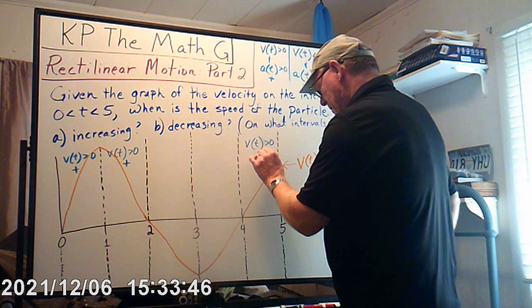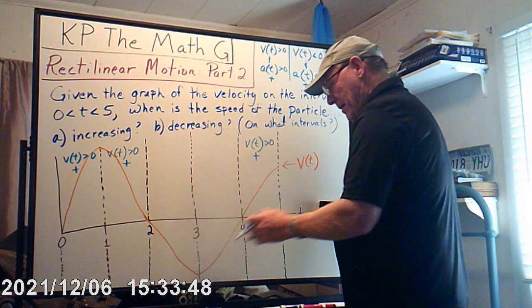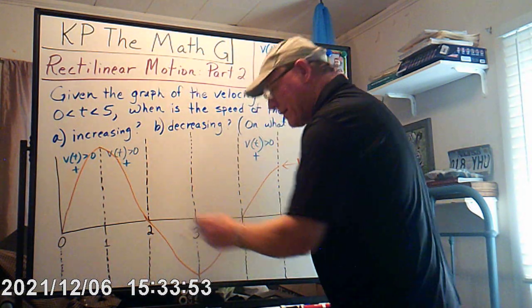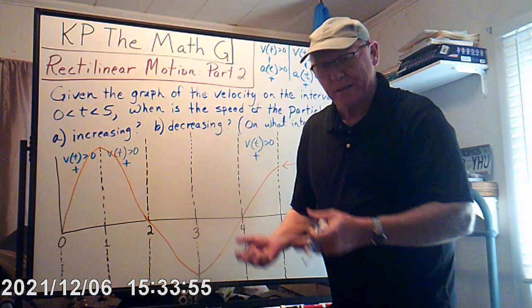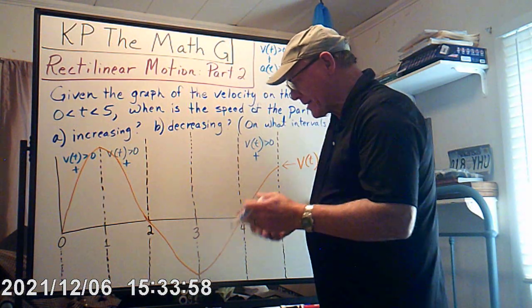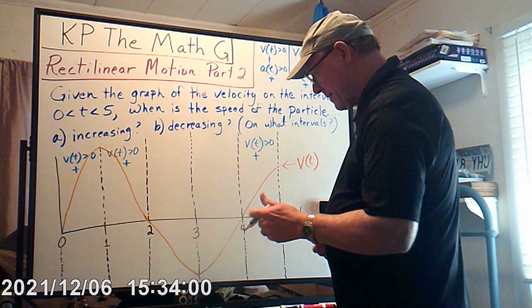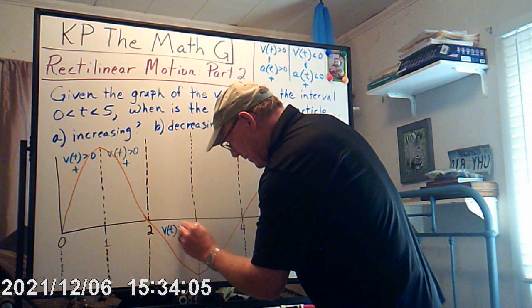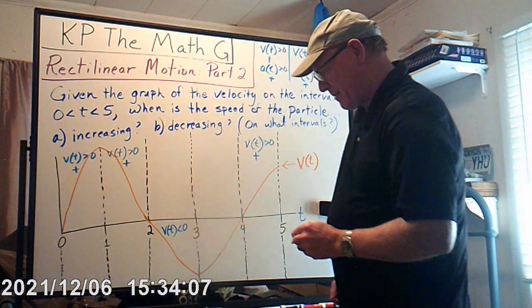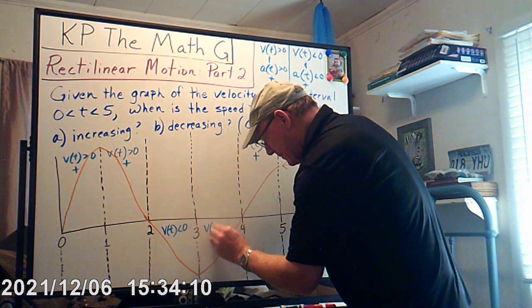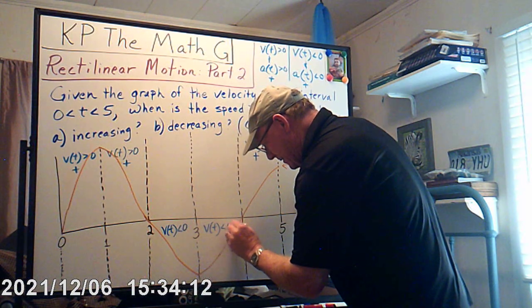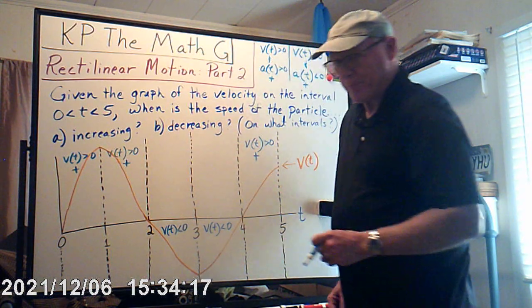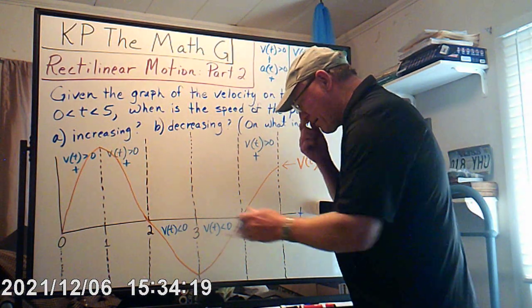Positive, positive. In these cases here, between 2 and 3 and between 3 and 4, v at t is less than 0 here and here. It is decreasing. The particle is decreasing here.